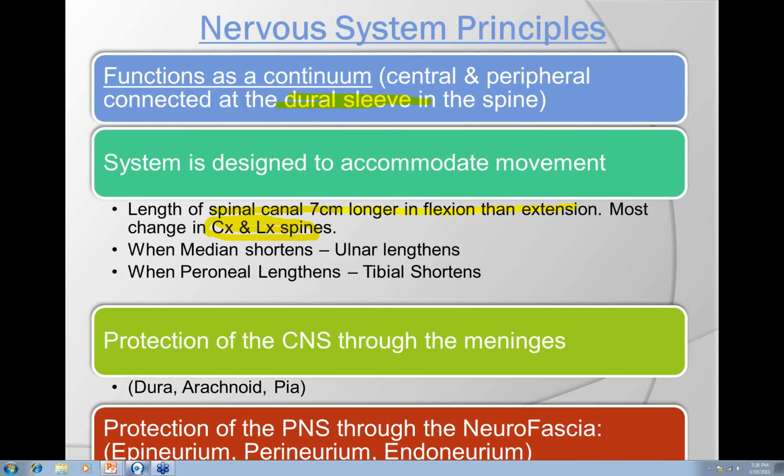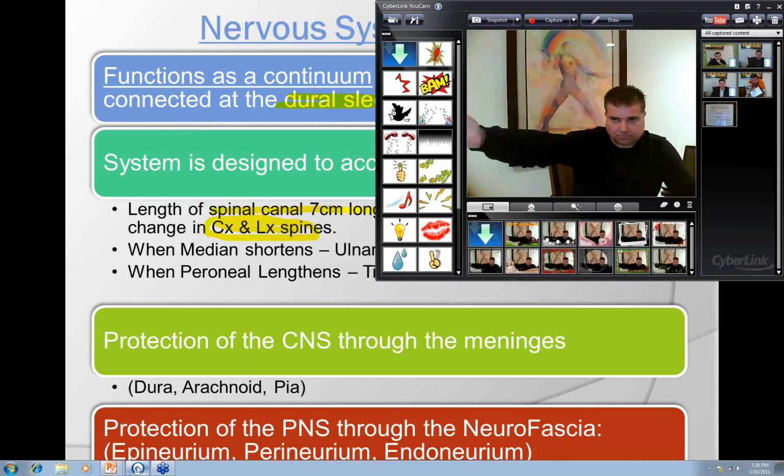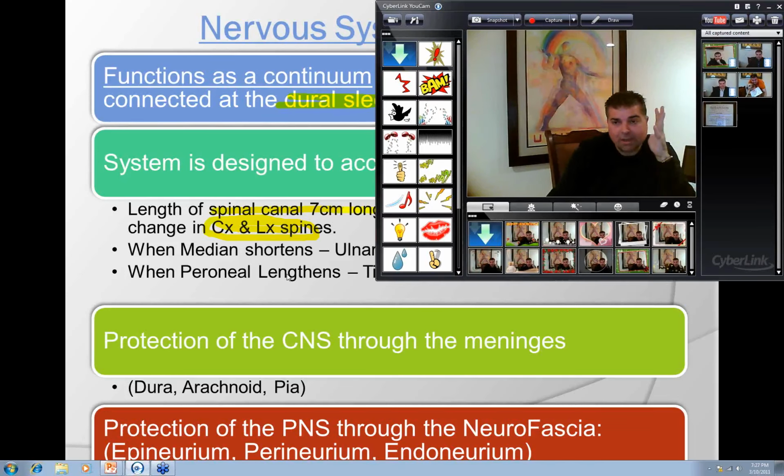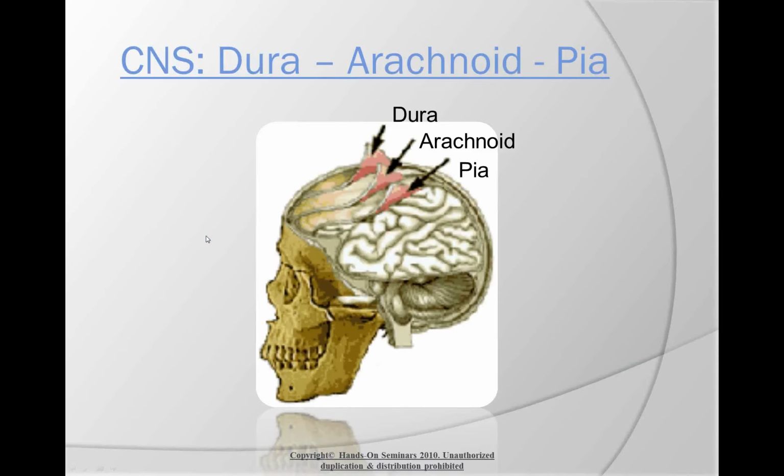If I go like this, my median nerve is more elongated while my ulnar nerve is more shortened. The opposite happens right now, where my median nerve is more shortened and my ulnar nerve is more elongated. So the nervous system is indeed designed to accommodate changes in length.